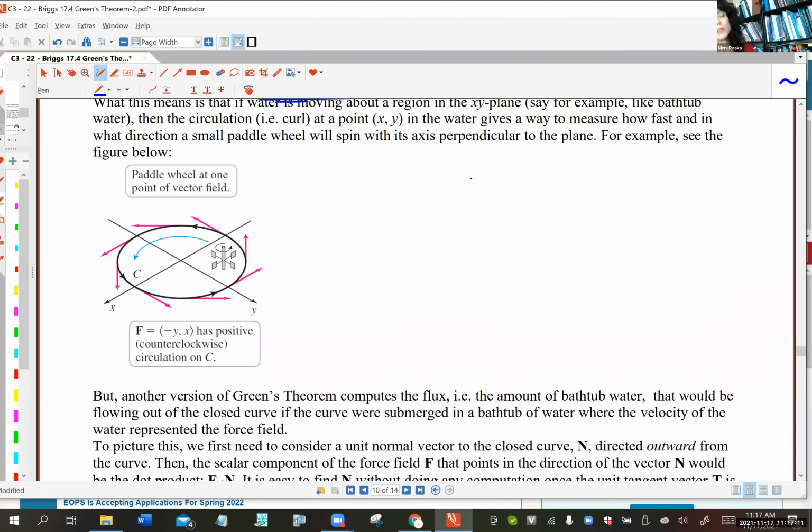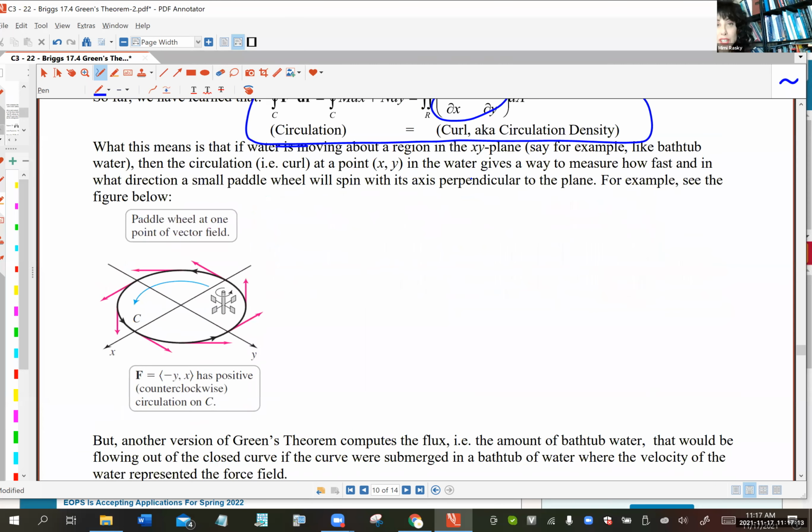The interpretation of this, when you actually figure out a greens integral, is the following. You can think of it as work done, but another way to think about it is this. Let's say you have a bunch of bathtub water, and the velocity of the bathtub water, maybe a jacuzzi might be a better metaphor. The jacuzzi water is whooshing around, so that would describe your vector field. The velocity of all the water moving around in your jacuzzi.